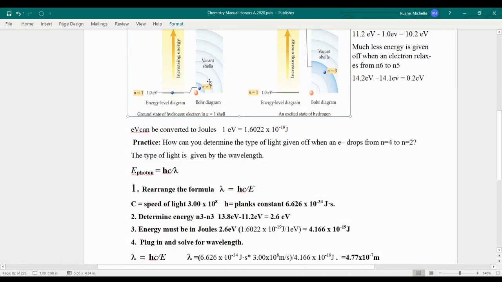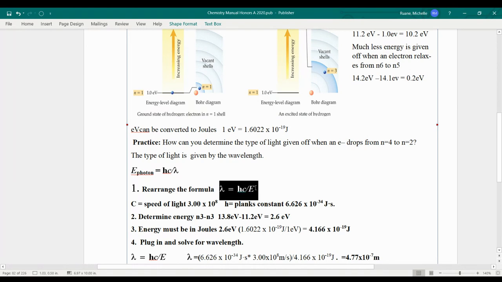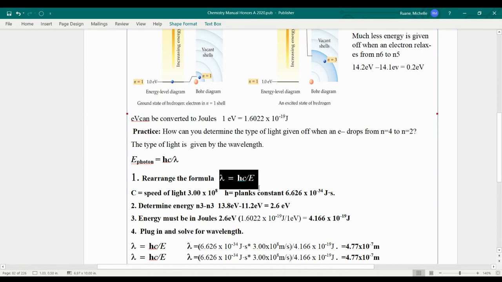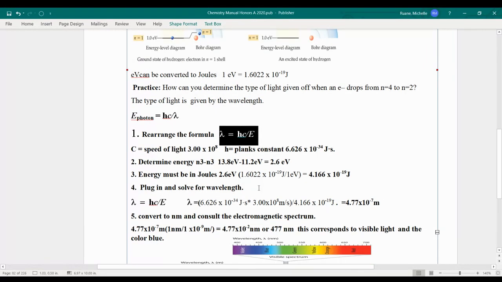And since our Planck's constant is in joules per second, our energy has to be in joules. So first we're going to rearrange the formula because we're solving for wavelength to figure out the type of light. And a reminder of your constants: c is the speed of light, h is Planck's constant. Those numbers never change. They're given to you.